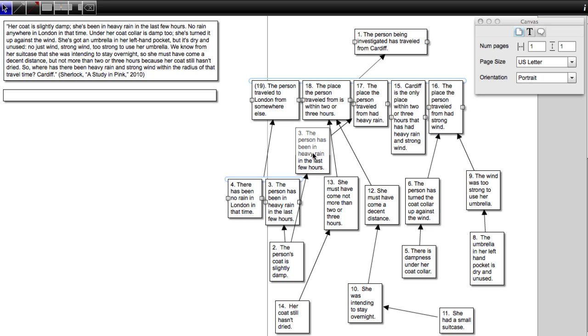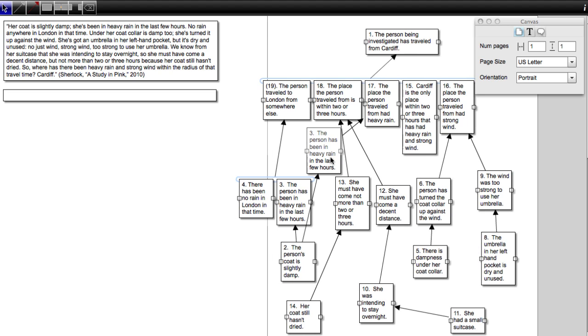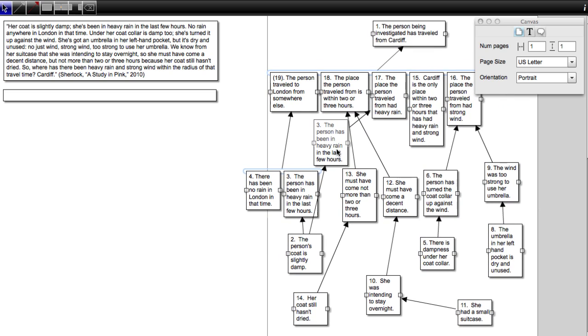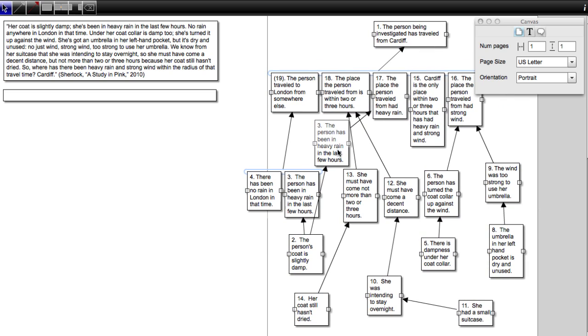I think I can do that by clicking on all the premises, though I'm not sure I grabbed 3 there. Good. There we go. Just move everything over. I can still see it. Gives me a little bit more space over here.